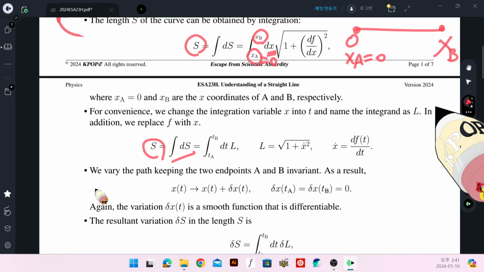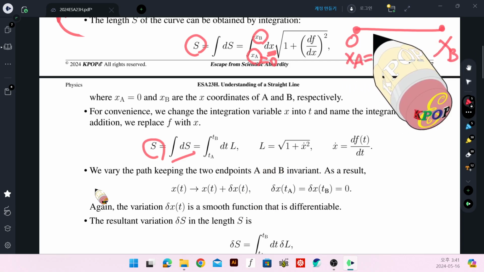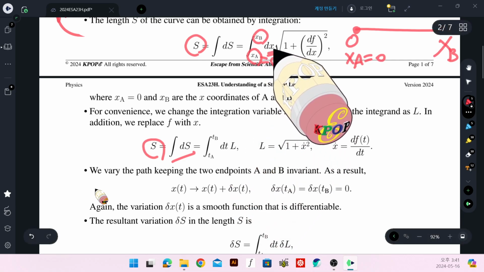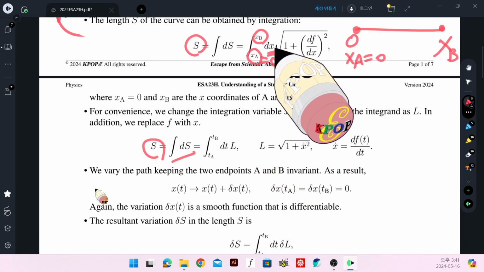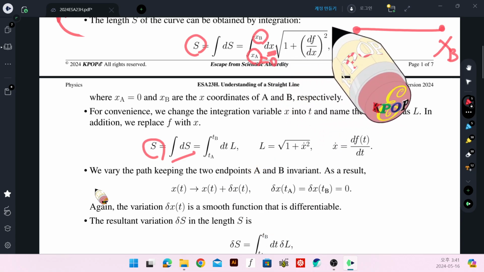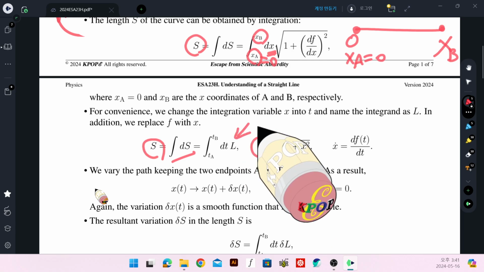Time t is just an integral variable, a dimensionful integral variable with the dimension of length. So in dt, we just replaced x with t. And why don't we call this square root function L? Later, we will define this one.